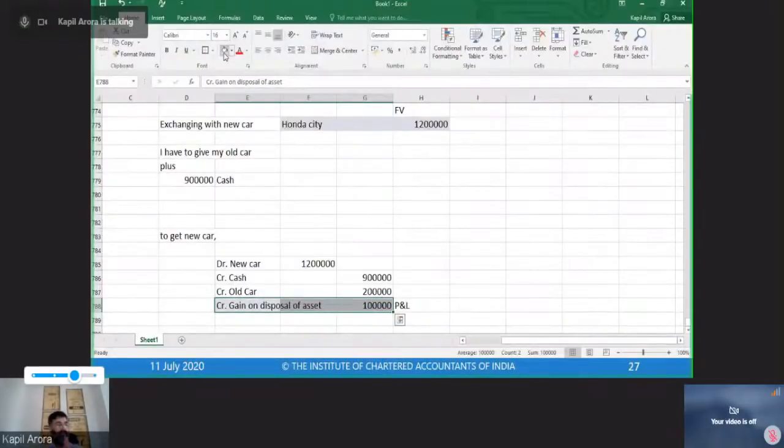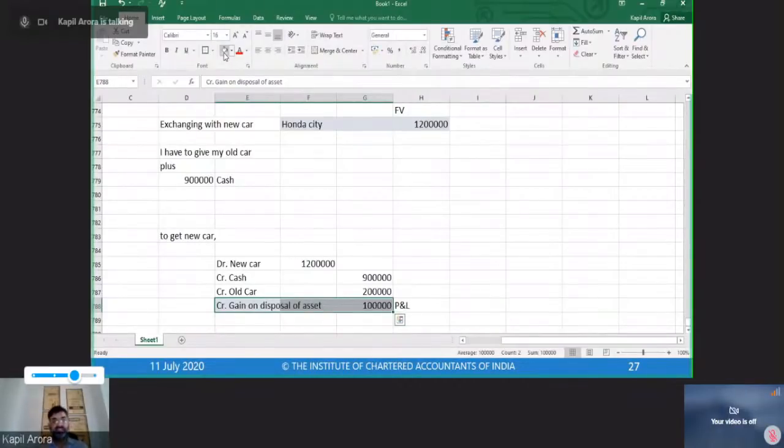If I am giving my old asset, but the new asset value I know, instead of recording the Honda City at 11 lakh rupees, I am recording the Honda City at 12 lakh rupees, which is the market value. The difference between the value which has come to me and which is going out, I have taken to the profit and loss account.